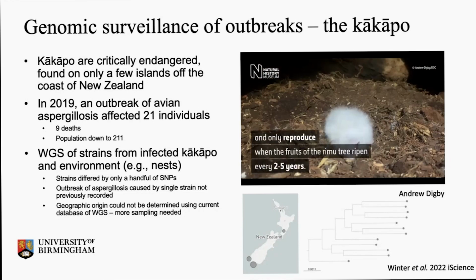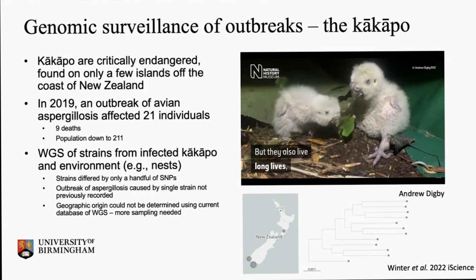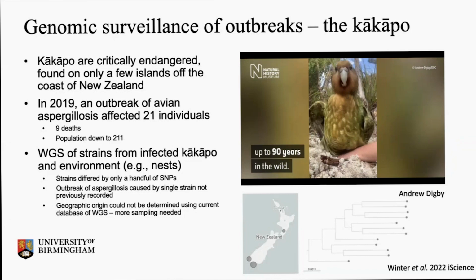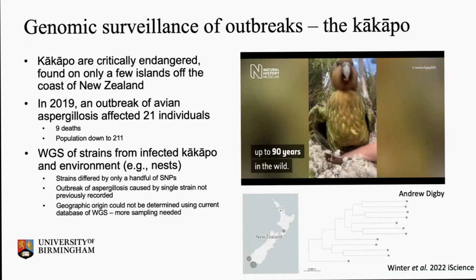And it was caused by a single strain that hadn't been previously recorded. So going back to this idea that we are missing diversity, even though we've sequenced over 1,000 Aspergillus genomes from across the world and over 100 years, we're still missing a certain level of diversity. And we couldn't determine the geographical origin. So we do need more sampling to try and pick up this missing diversity.